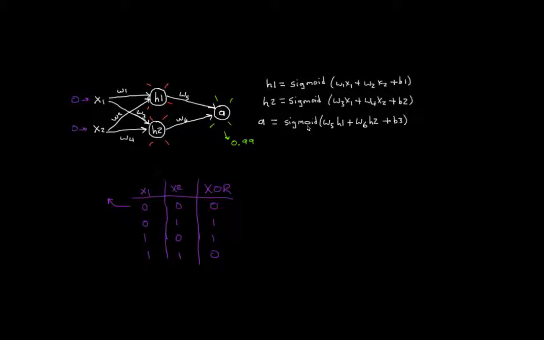And again, sigmoid is applied, so it outputs, let's say, in our example, a value of 0.99, which is almost the worst answer it could have output because the correct answer is 0, and it output basically a value of 1. So it's almost as far away from the correct answer as it could be.